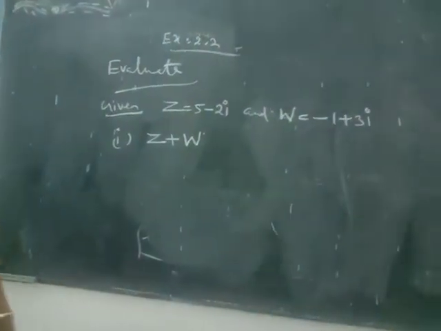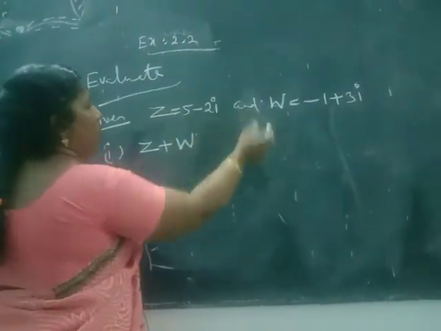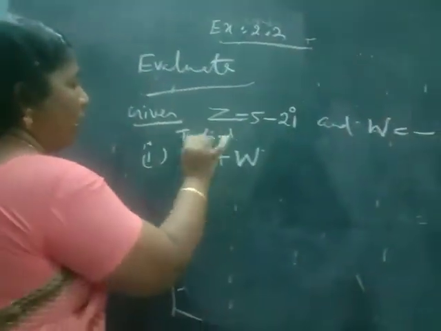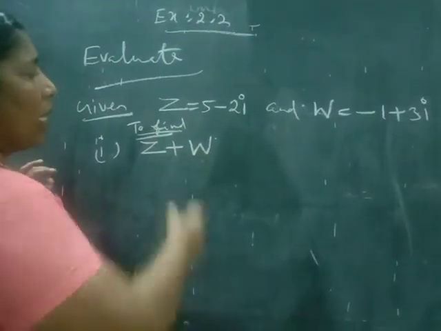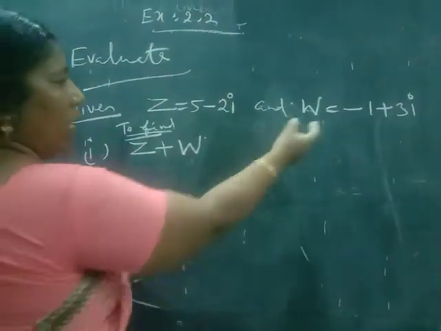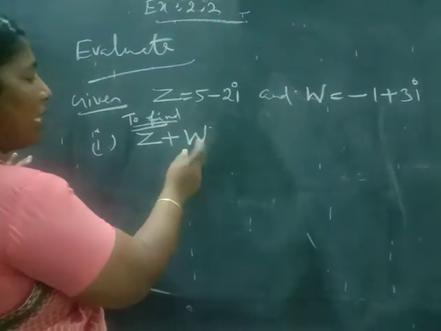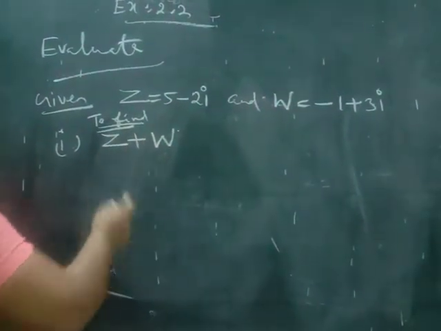Here two complex numbers are given, and we have to find z plus w. Z is one complex number and w is another complex number. Now we are going to find the sum of these two complex numbers, that is, the addition of these two complex numbers.